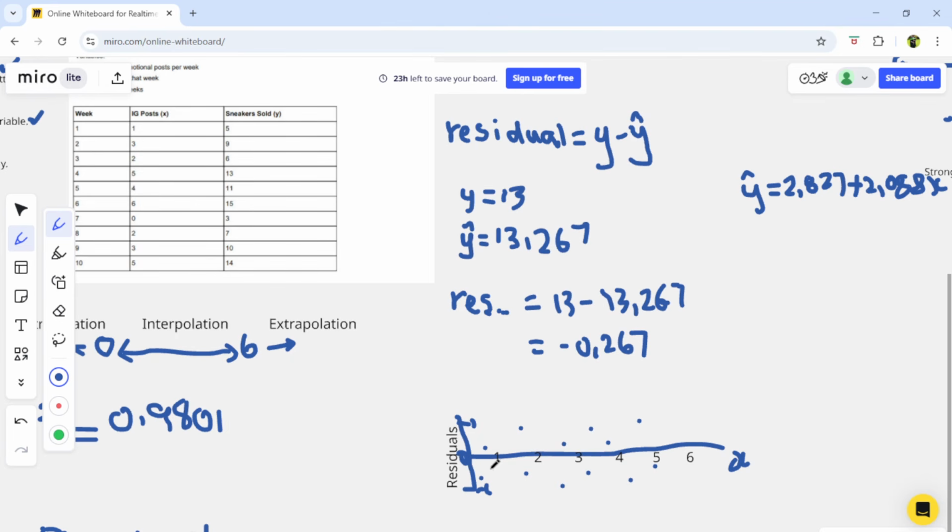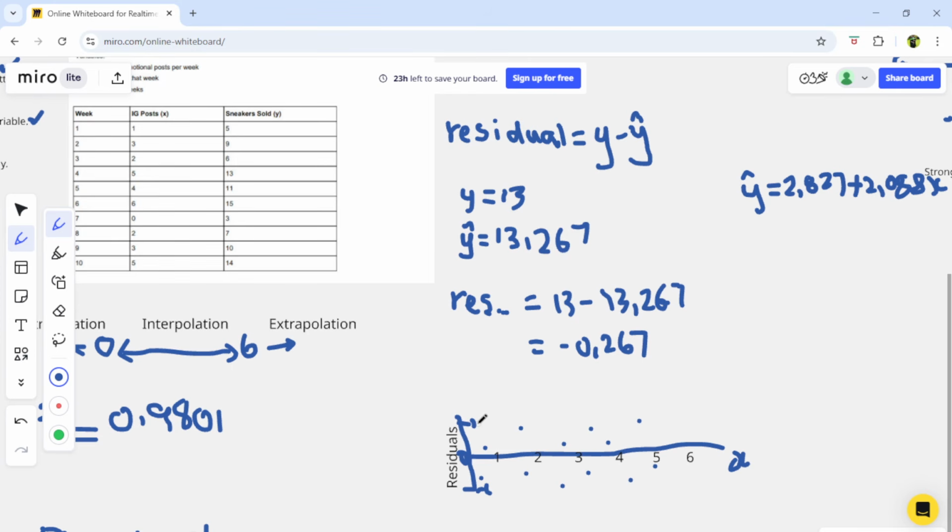There's a line of 0 here, and if the points are closer to it, then there's a normal distribution. And from this, they can actually ask you about the outliers and influential points.